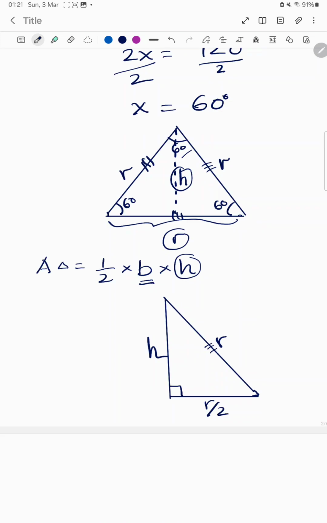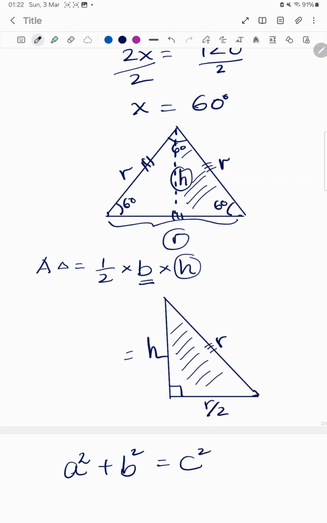Now we are going to apply the Pythagoras theorem on this half of the equilateral triangle, which makes a right angle triangle. By Pythagoras theorem, we need to remember that a square plus b square, which are the two short sides, is equal to c square, which is the hypotenuse.